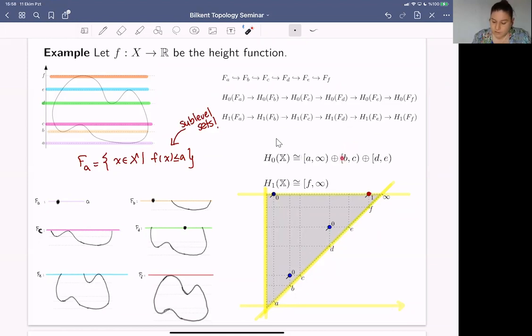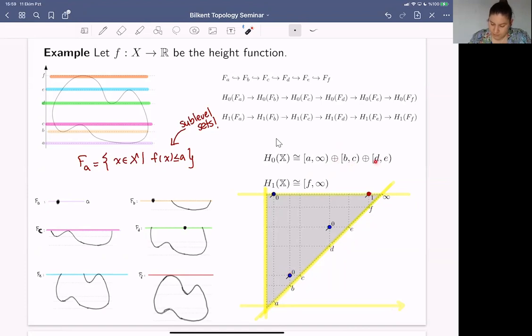All the information is contained in the persistence module, and you can also represent these points on a diagram. For instance, for the 0th homology, A infinity is here. You are considering the extended plane, so you are allowing the second coordinate to also be infinite. Then for a generator, you can plot its lifespan.